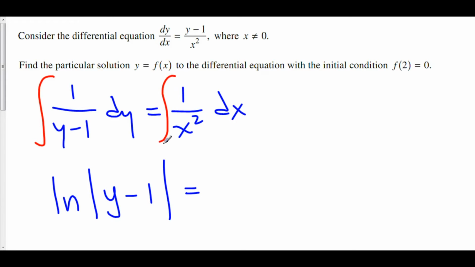Now we'll take the antiderivative of 1 over x squared. Well, the antiderivative of x to the negative 2, we add 1 to the exponent, giving us x to the negative 1, and divide by that number, which is negative 1. And here we'll include the plus c.